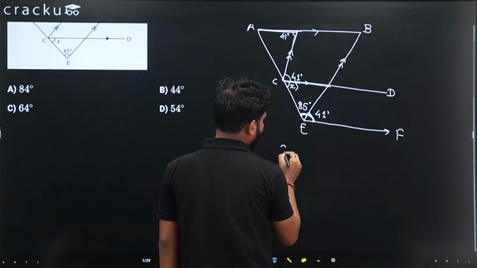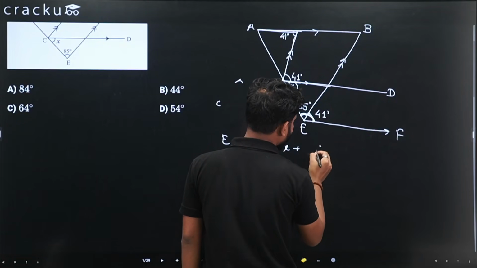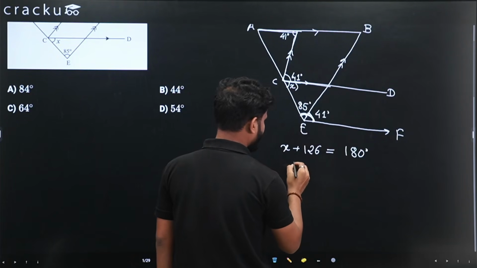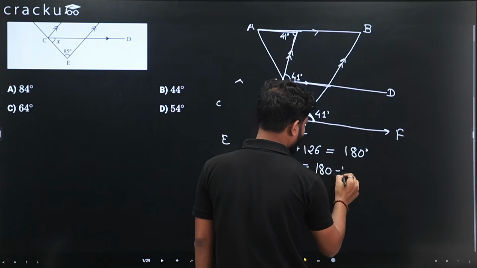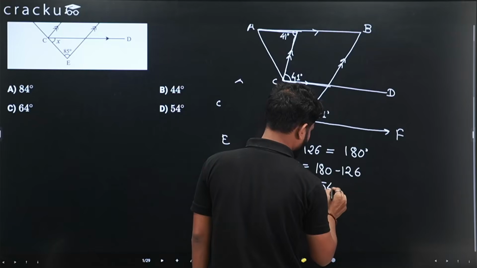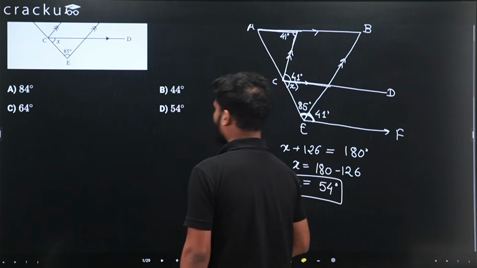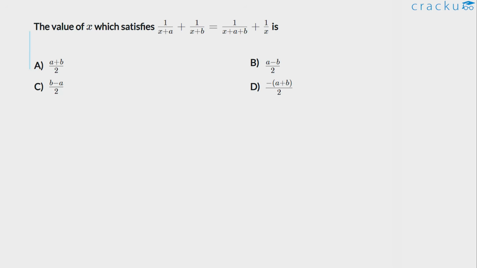So this angle X plus this angle, 85 plus 41 is 126, is equal to 180 degree. They are supplementary. So X will be 180 minus 126, which is nothing but 54 degree. So answer to this question will be 54 degree. It is given in option number D. So this is how you solve it.